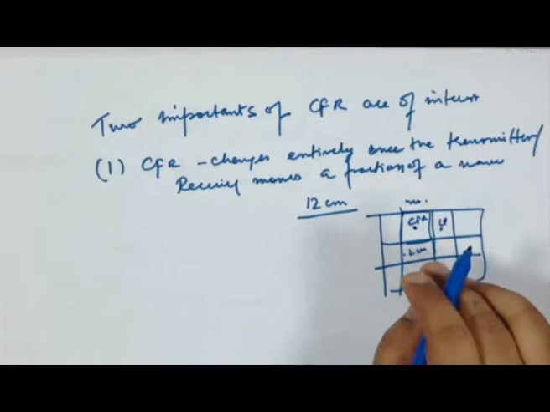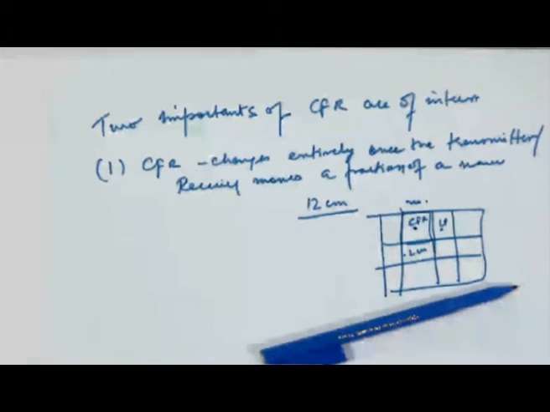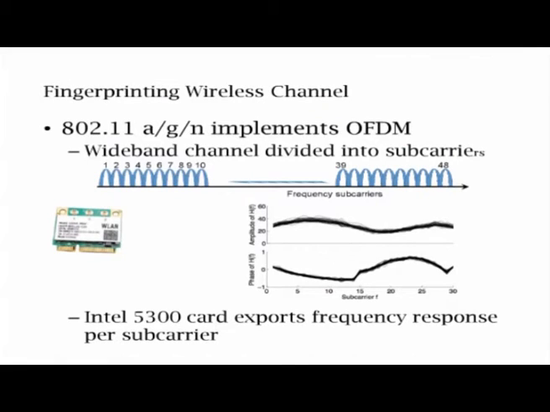In RSS, if you move 2 centimeters, the RSS doesn't change appreciably enough to use in an algorithm, while the CFR may change appreciably. But what is the problem?